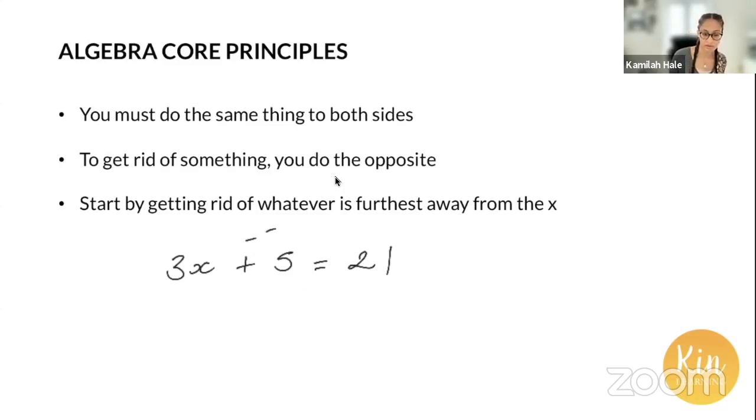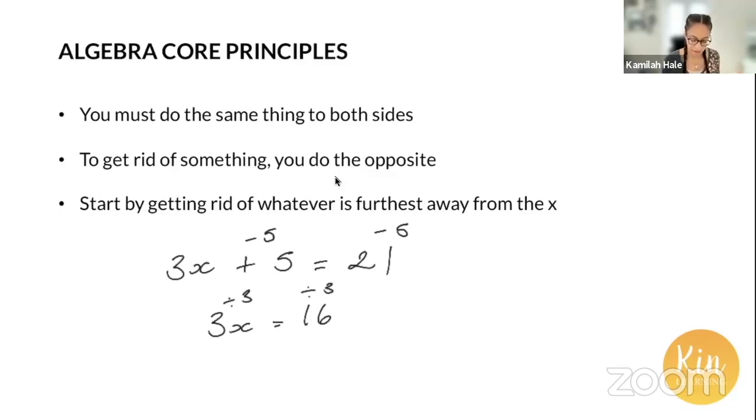So I'll do minus 5 to this side and minus 5 to the other side because of principle 1, where I do the same thing to both sides. If I want to get rid of the 3, I will do the opposite. This is 3 times x when they're next to each other, so I'll do the opposite, which is divide by 3. So divide by 3, divide by 3.